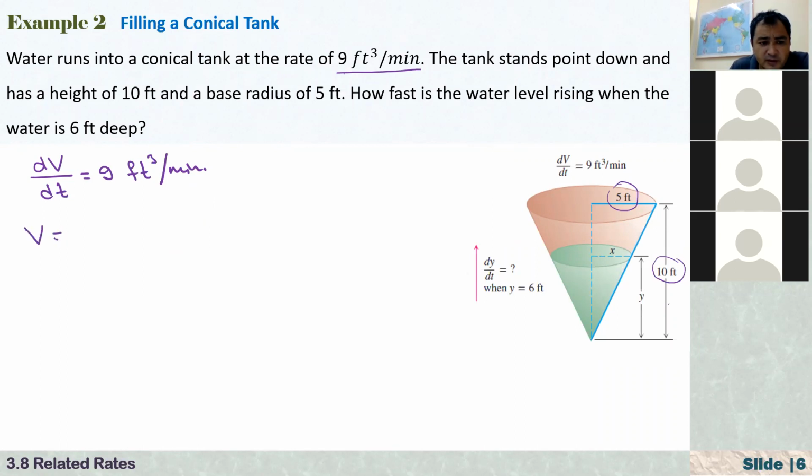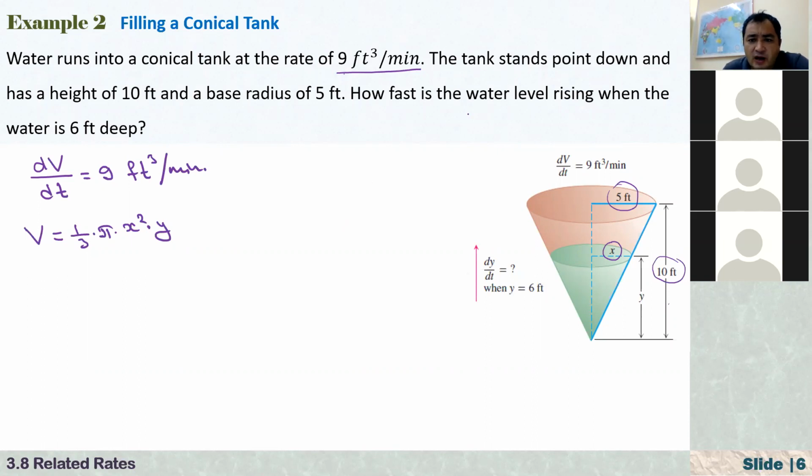We know that volume is equal to 1/3 times pi times r squared at any height, right? What is the radius of the circle? It is x. So here we have x squared times height, right? And what is the height? Let's say height is y, okay? Because at every moment it is changing, right? So what is the question here?